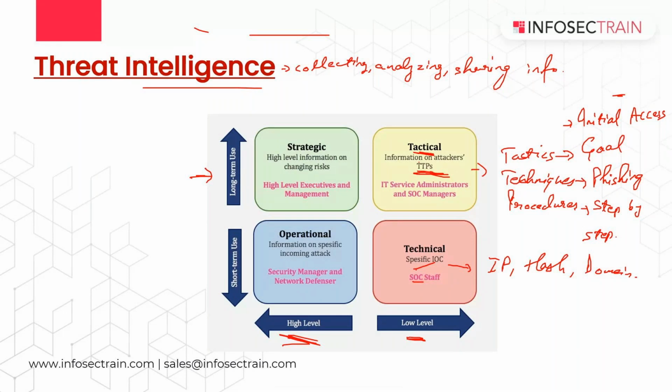The last is operational threat intelligence. They give you the ongoing attack insight. It's real-time intelligence about active cyber attacks, threat actors, and ongoing incidents. It's high level, but for short-term use. It provides information on who is attacking, their motives, and their current target. So incident response teams, security managers, network defenders can use it.